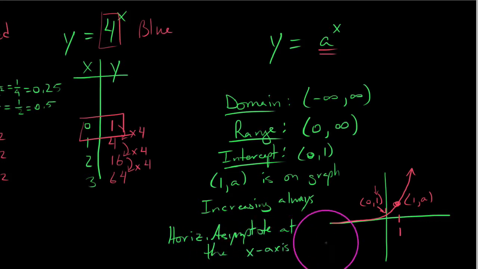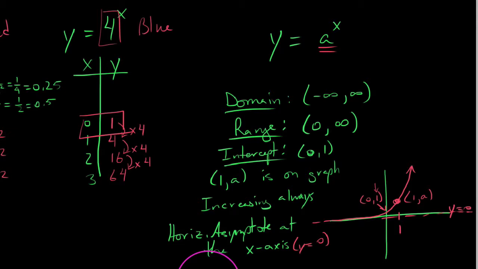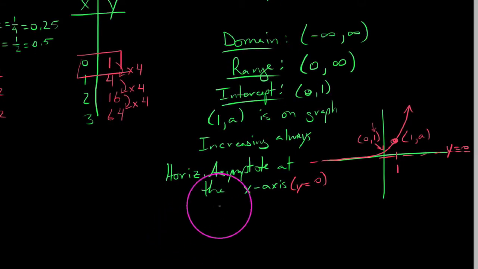This is very important to note. It'll get very small on the left, but it'll never quite get to a height of 0. So this is also the equation of this asymptote, y equals 0. And I suppose also this: we say it is continuous. This is an important thing to know, so continuous.